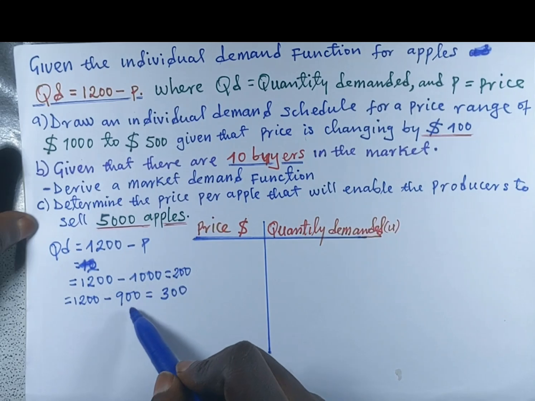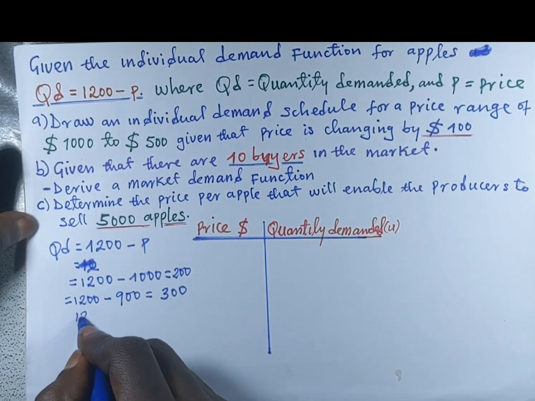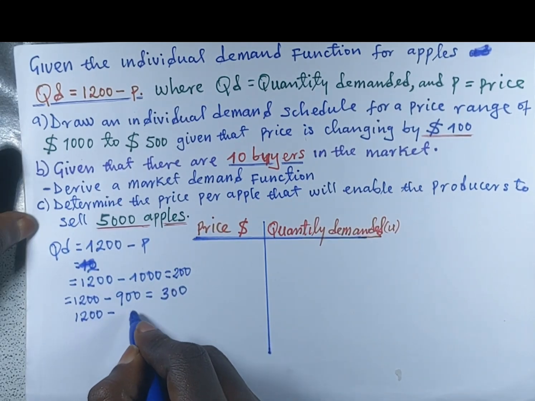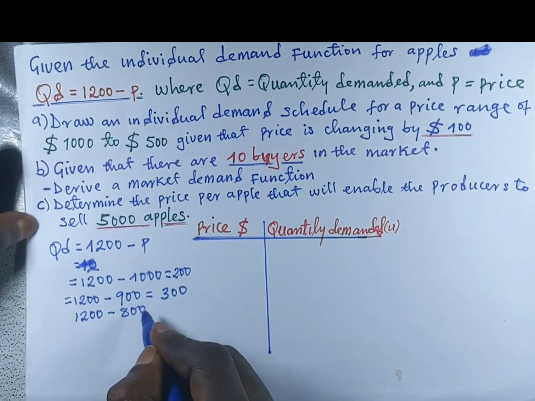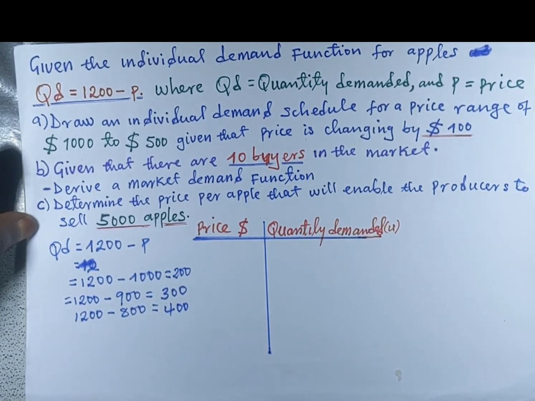So again, from 900, it is given that price is changing by 100, so we subtract 100 from 900. So we have 1200 minus 800. So we are having 400 as our quantity demanded when price is 800.